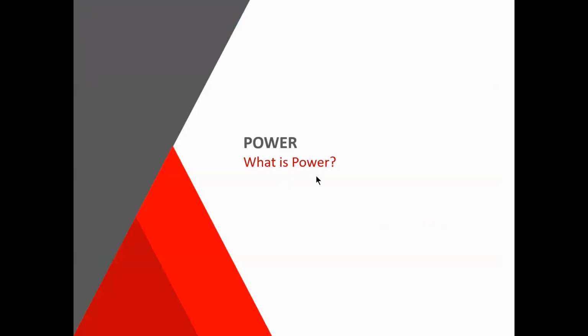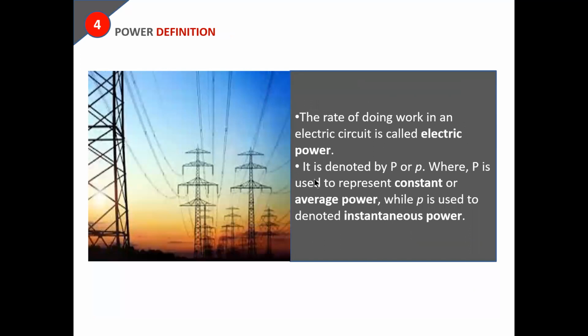Next, what is power? Power is nothing but the rate of doing work in an electric circuit, called electric power. It is denoted by P, capital P or small p, where capital P is used to represent constant or average power and small p is used to represent instantaneous power.